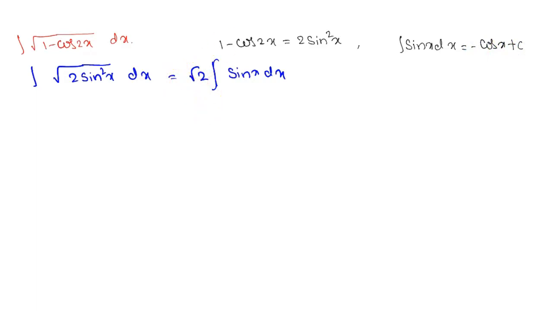So if you apply that formula here, the answer is minus root 2 cos x plus c. This is the answer for this question. Okay, now go for the next one.